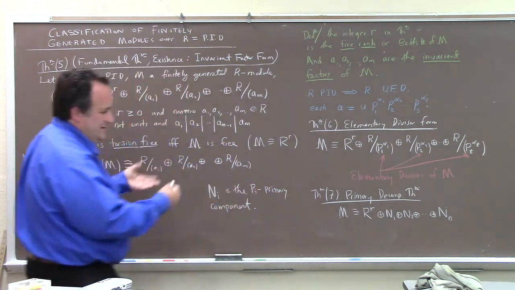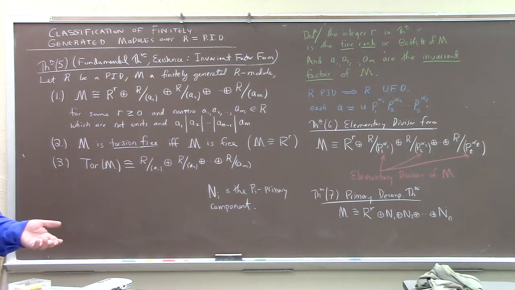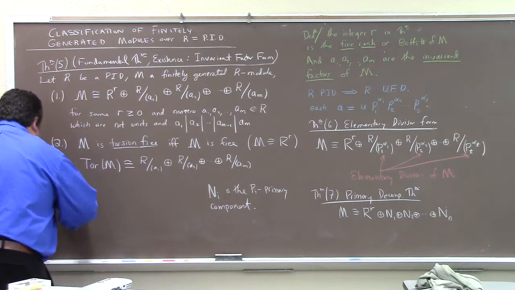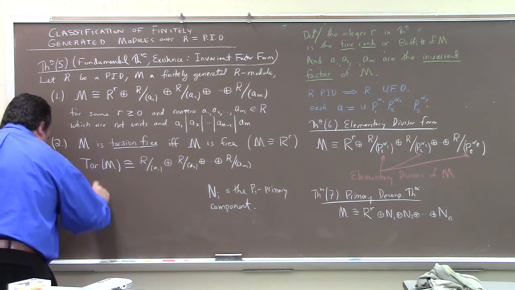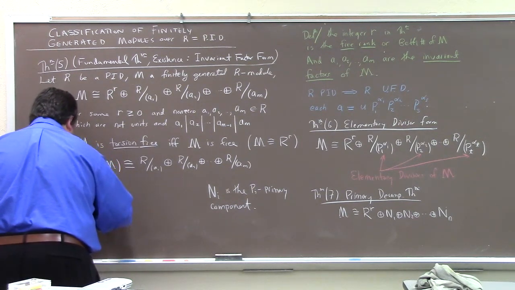Let's see if I can be more careful. Let me just give a definition right here. N_i is equal to, it's kind of like an annihilator. I think it is an annihilator, actually.